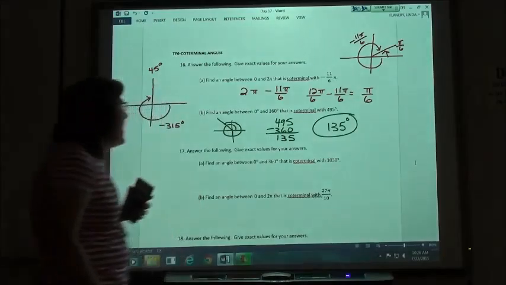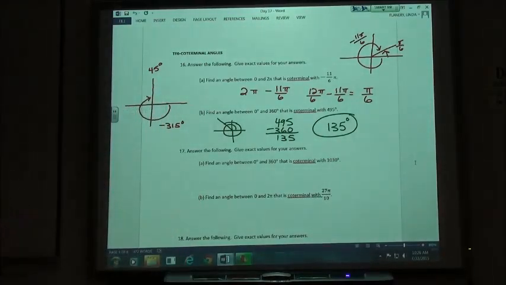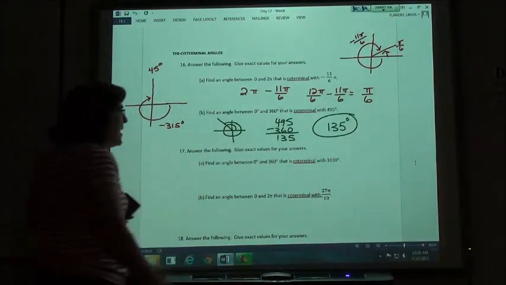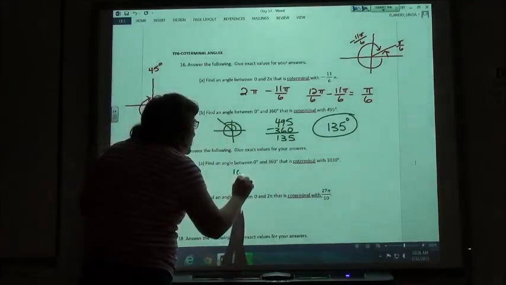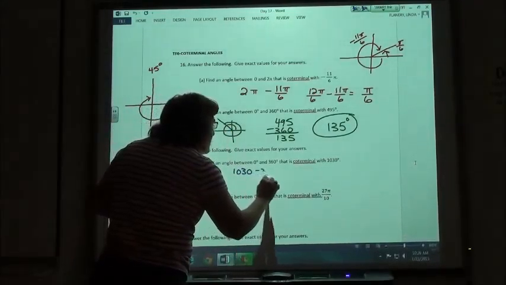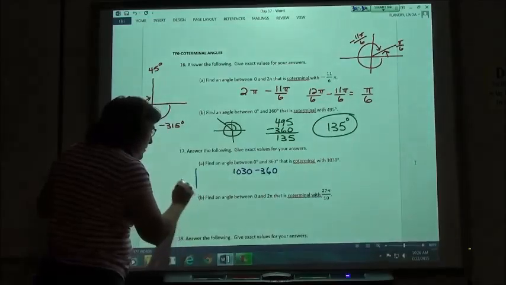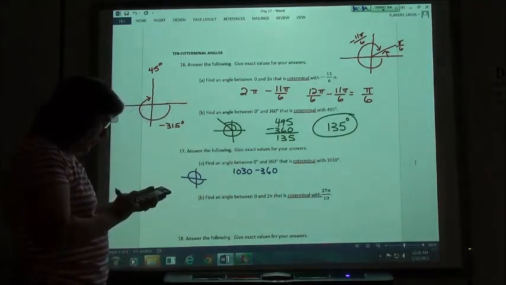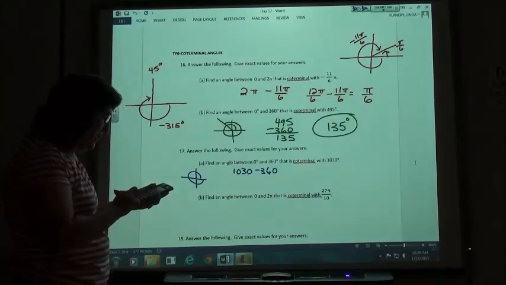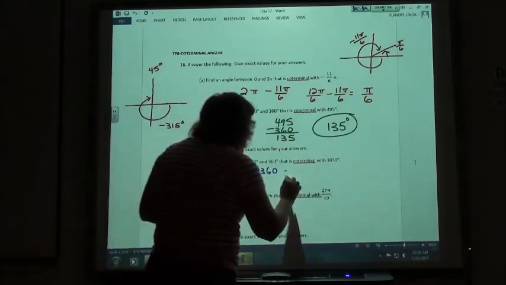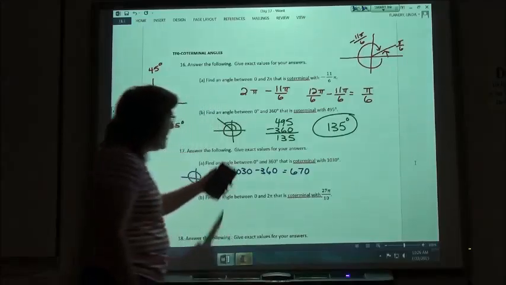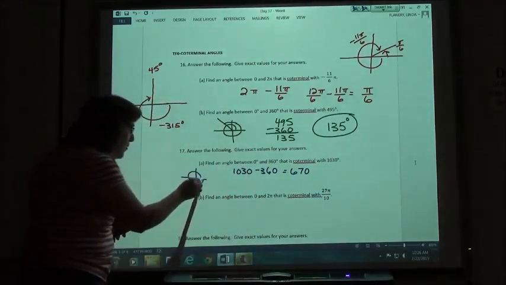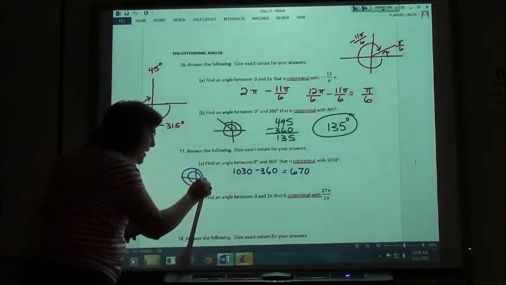So if I'm going to find an angle between 0 and 360 that's coterminal with 1030, it's kind of like this one. I'm going to start with my 1030 and subtract 360. That means I'm going to go around my circle one time. 1030 minus 360 gives me 670. Now I'm at 670, I'm not between 0 and 360, which means I'm going to go around a second time.